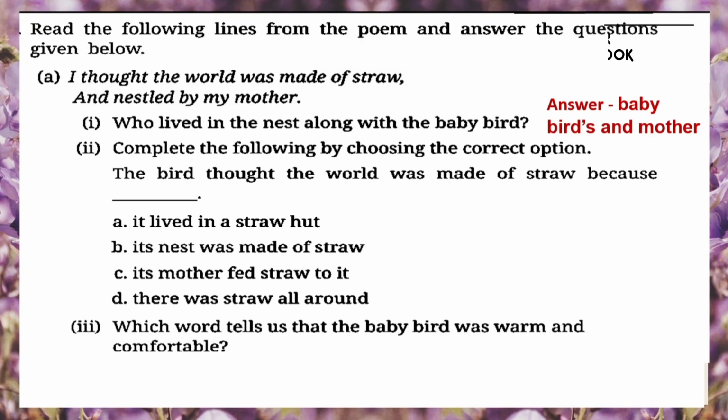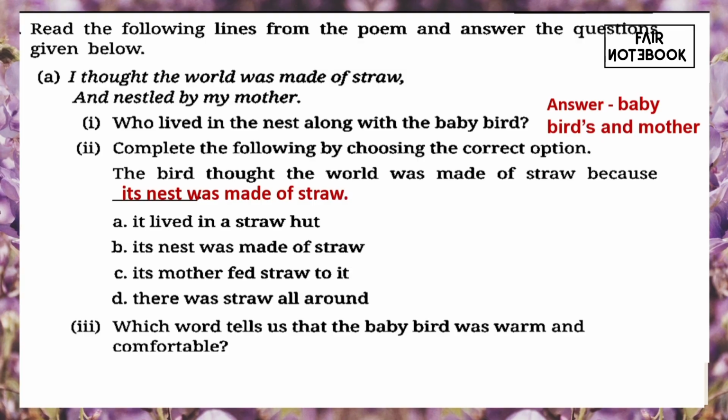The bird thought the world was made of straw because option A, it lived in a straw hut. Option B, its nest was made of straw. Option C, its bird fed straw to it. Option D, there was straw all around. Answer: its nest was made of straw.